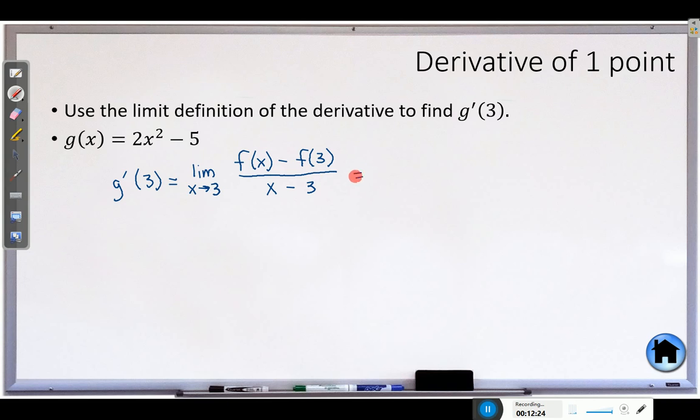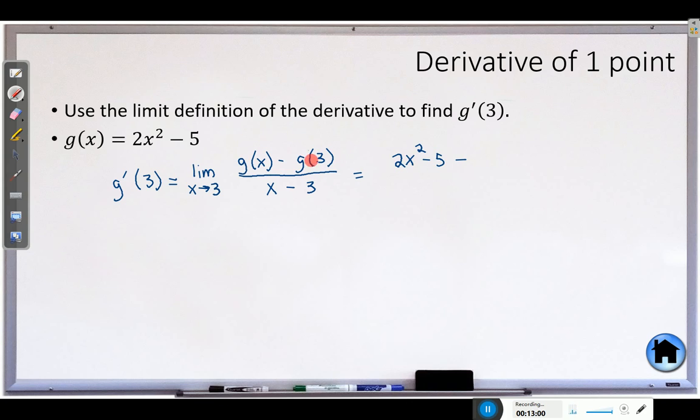So what happens here? Well, f of x is simply this whole thing here. Although I guess I shouldn't have put f, should I? Sorry about that. Got my letters mixed up, didn't I? Should be a g. There we go. So we have g of x, which is 2x squared minus 5, minus g of 3.